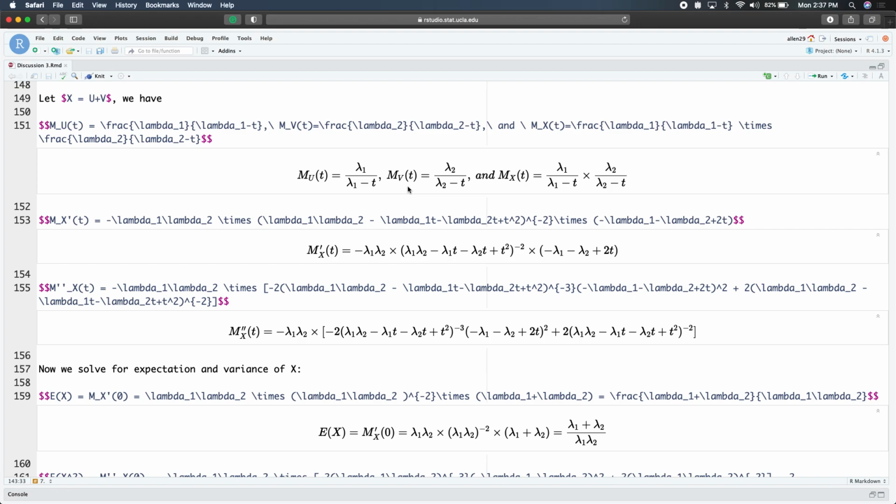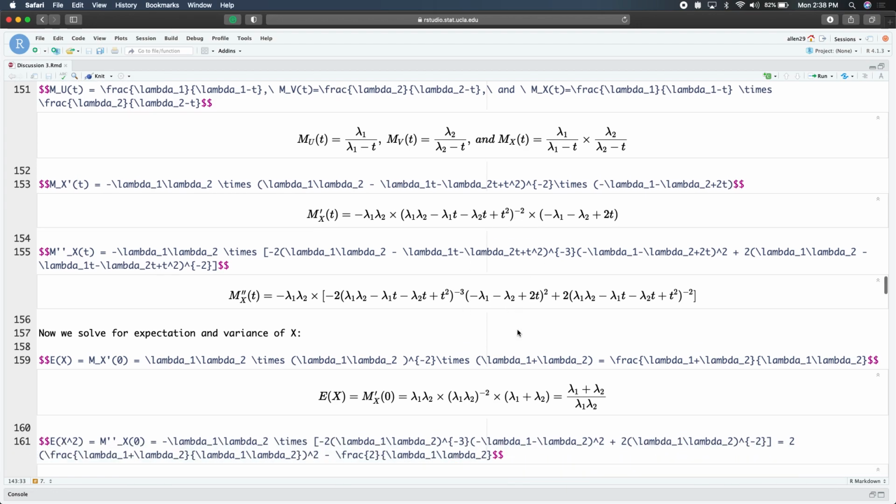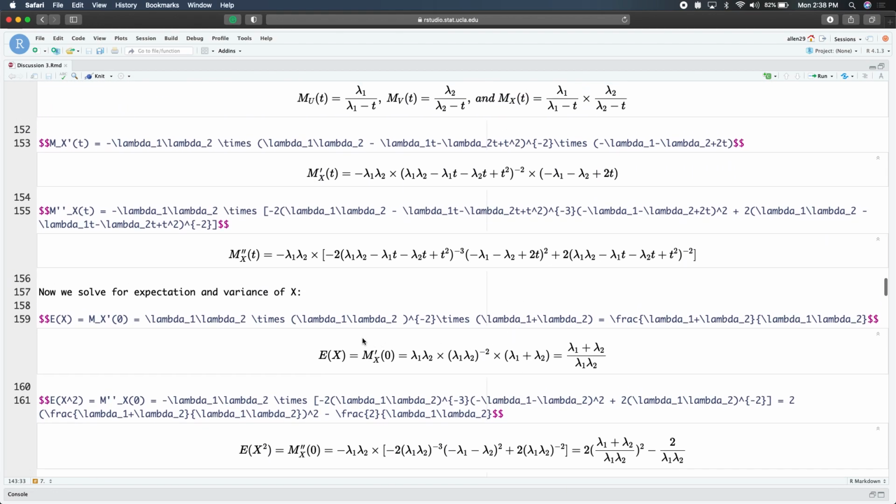And then we are going to solve for the first and second moments by taking the derivative. The first order derivative results in this, and the second order derivative gives even longer terms. From here, we just let t equal to 0, and we are able to calculate the first and the second moments.